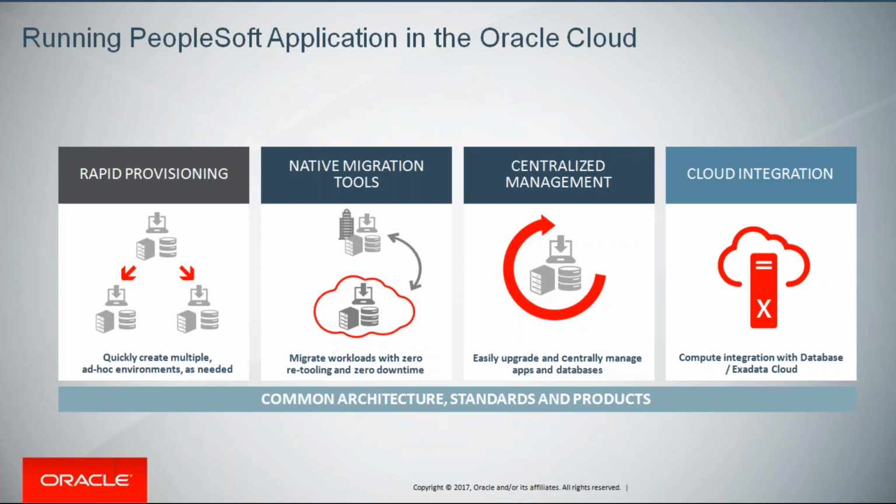You do have centralized management. You can use Enterprise Manager, plus some of the native tools built on Linux, to monitor, and also on Windows. For this particular exercise, for the white paper, we used two operating systems.